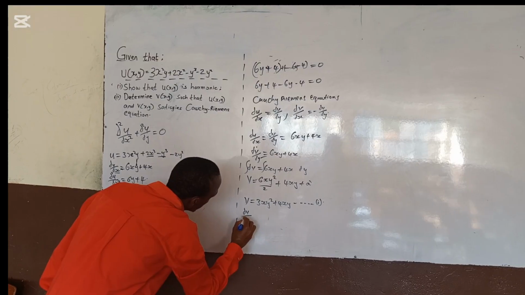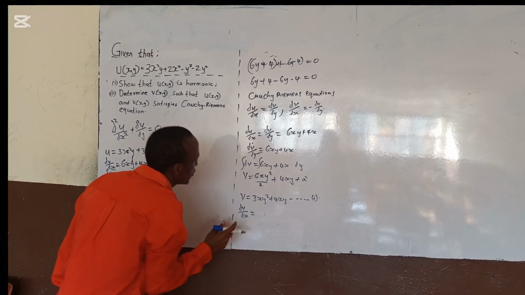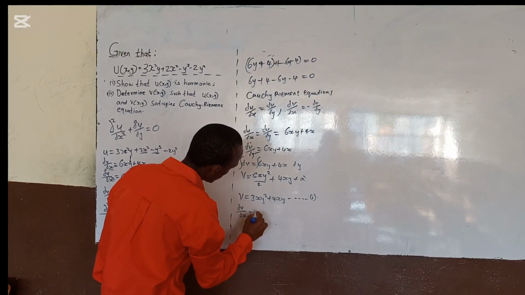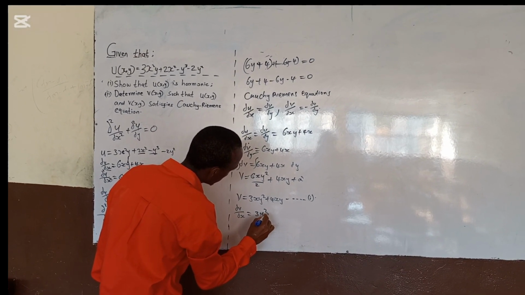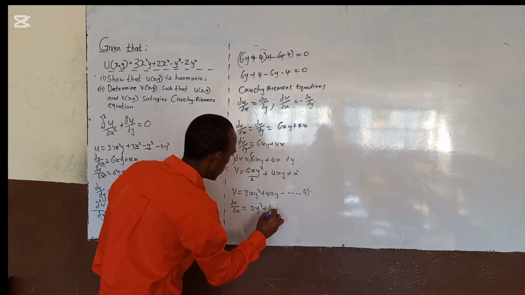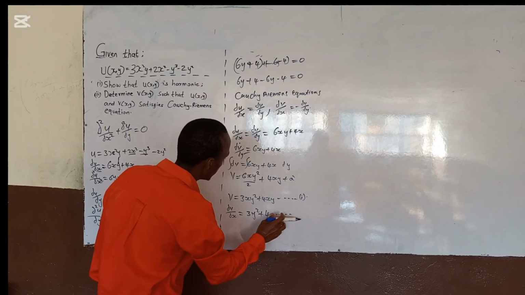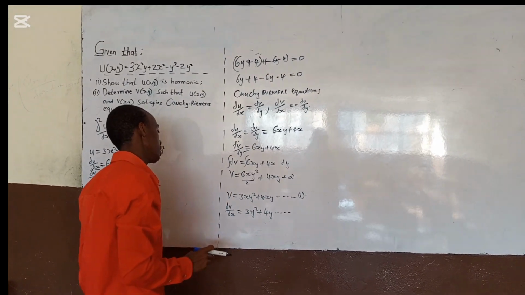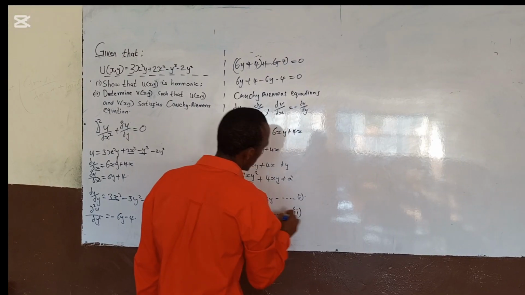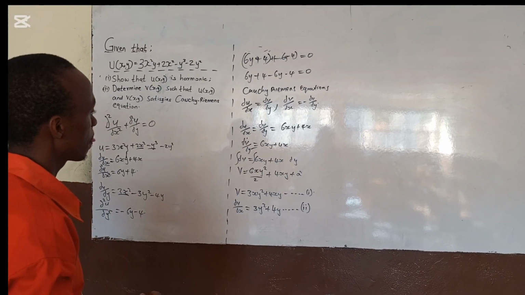Now dv/dx, if we differentiate with respect to x, we get 3y squared plus 4y plus the derivative of the function. This is our derivative of v with respect to x. We can call it equation 2.